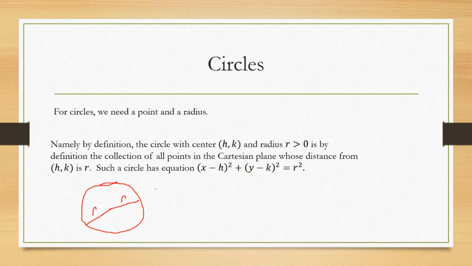Namely, a circle centered at (h, k), radius r, is the graph of this thing. Good. So again, for a circle, we need two things, the center and the radius. Then we can sketch its graph, and then we can get an equation of it.